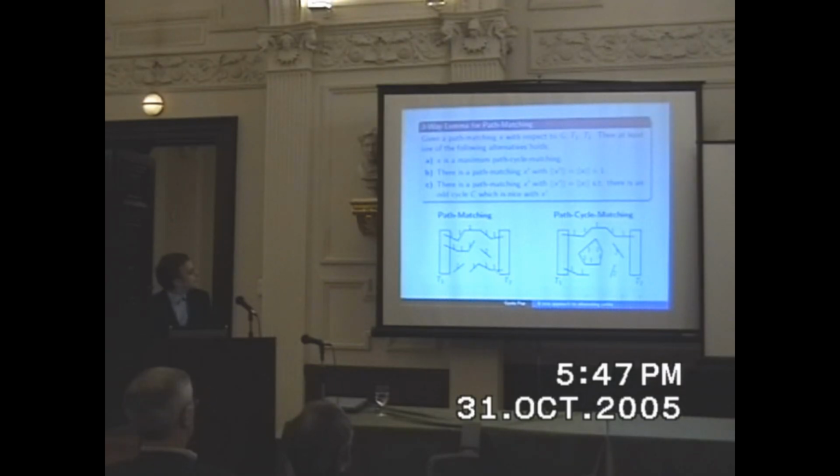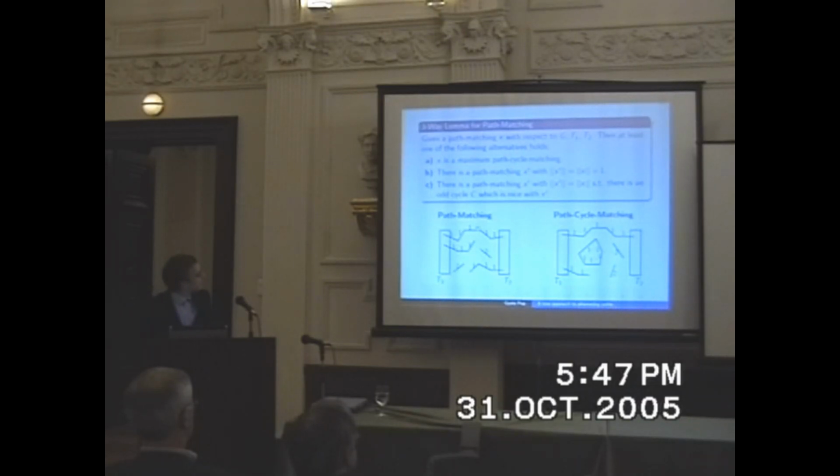A path matching is a 0, 1, 2 vector on the edge set, such that its support looks like this.